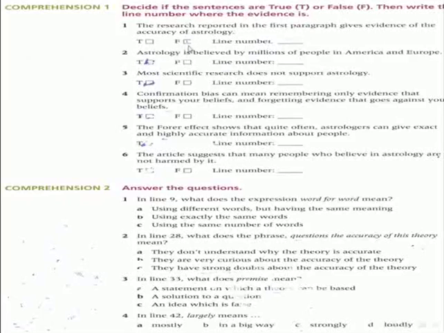Actually, the answer is false, right? And you find that because it's false in lines between 8 up to 12. You write here 8-12. Let's check lines 8 up to 12 back.